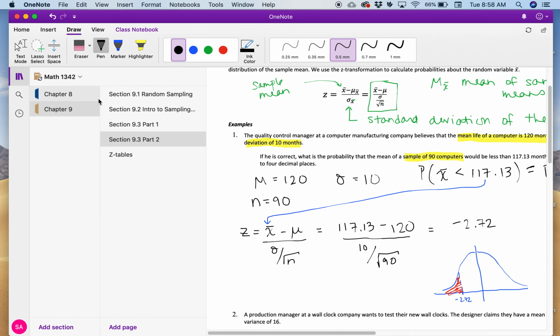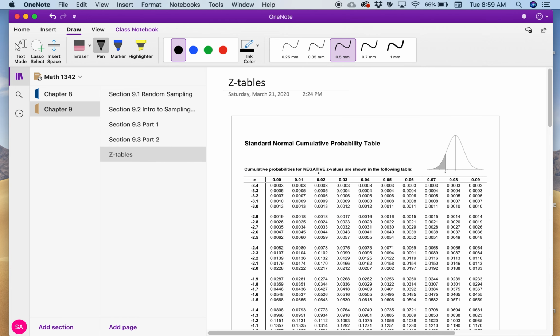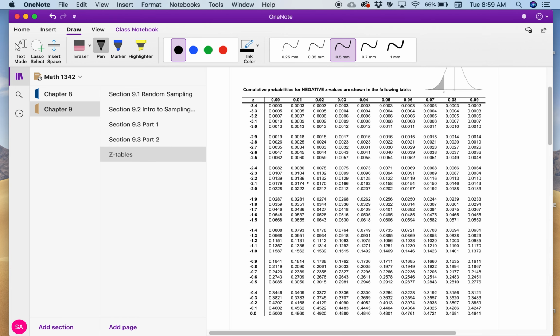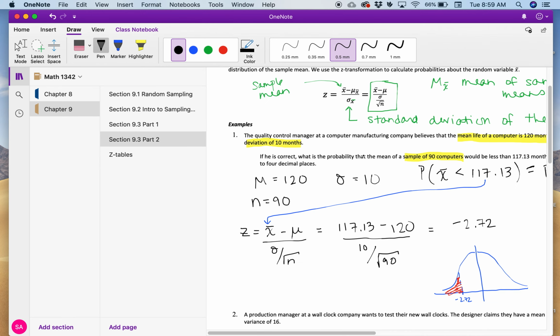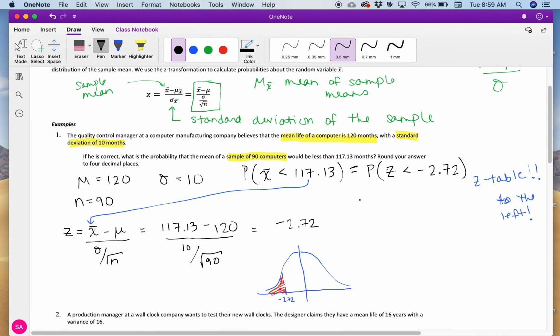I'm going to pop over to my z-table. It's a negative number, so make sure you're in the negative z-table and look for negative 2.7 and then the 2. We land at 0.0033. So the probability equals 0.0033.